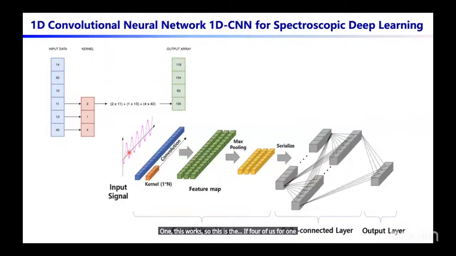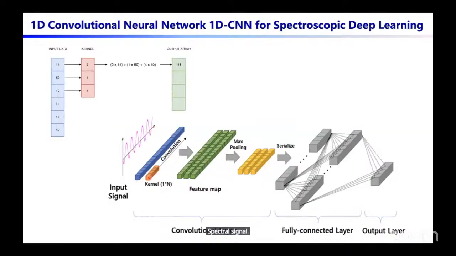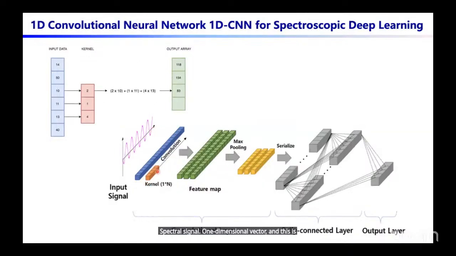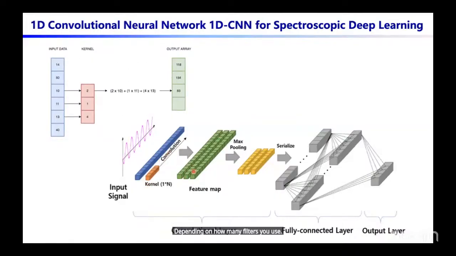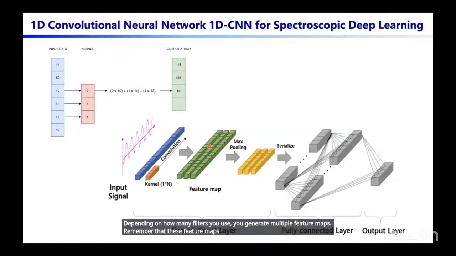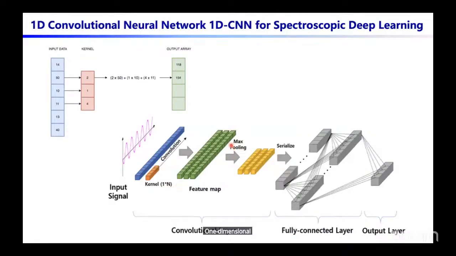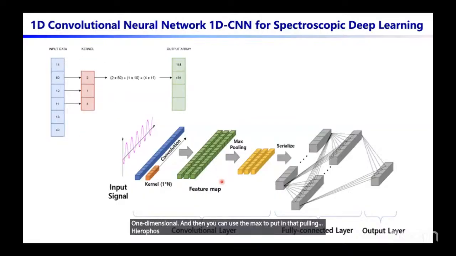So this is a full version of a 1D CNN. The spectral signal is a one-dimensional vector, and this is a one-dimensional filter. Depending on how many filters you use, you generate multiple feature maps, which are all one-dimensional. Then you can use max pooling, which helps reduce the dimensionality.